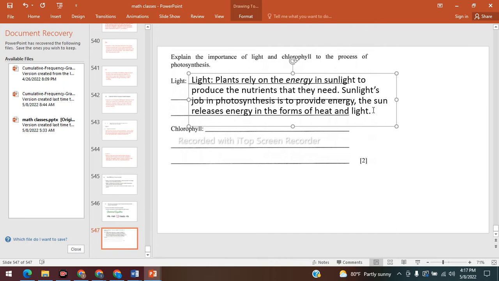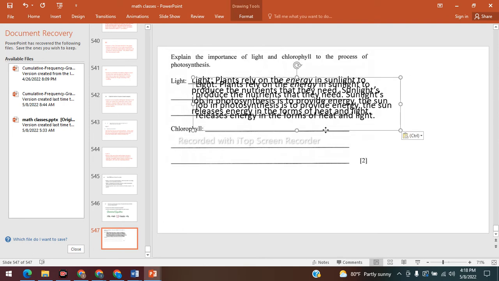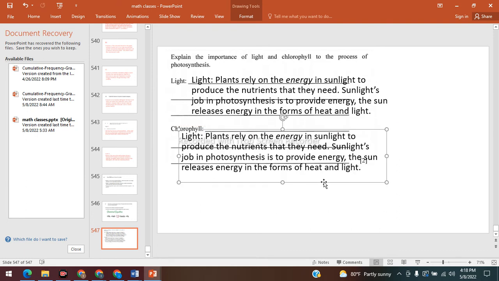It can transfer light energy to make glucose, chemical energy. Okay, let me put this underneath.